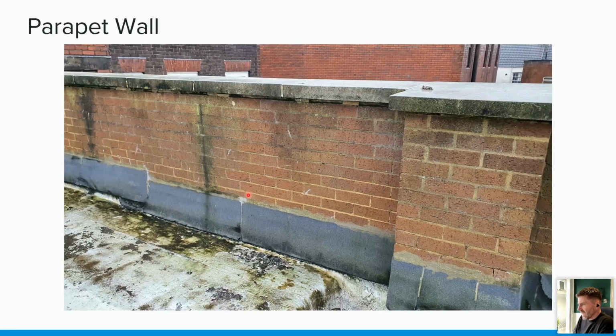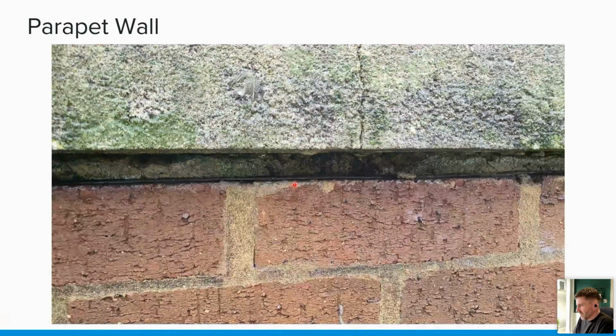One thing that we can't see in this instance is any weep holes. But what we can see here, if we zoom in, is that there is a DPC that probably bridges that cavity. So that's probably why we haven't got any weep holes here. But what that does mean is water is sitting. So any water that's coming through these cracks or joints is sitting on this DPC here.